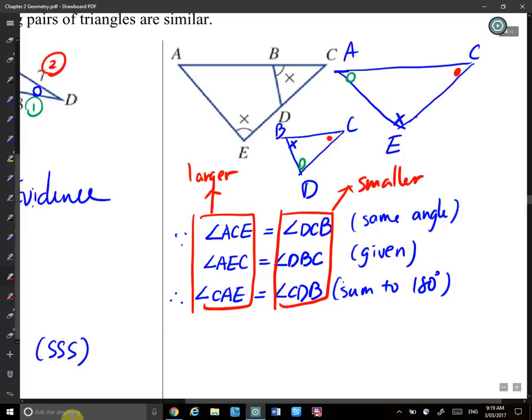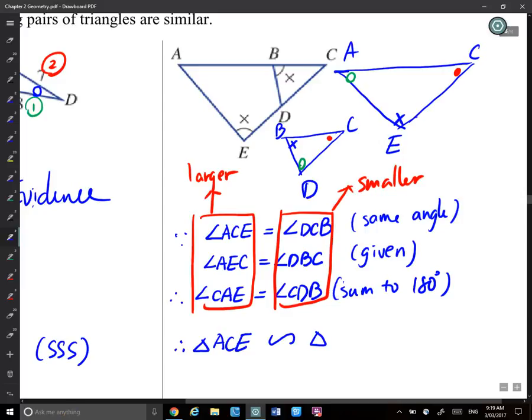Then I can make the conclusion. So triangle ACE, the larger one, I'll still start from the larger one, is similar to the triangle, let's see what A corresponds to.